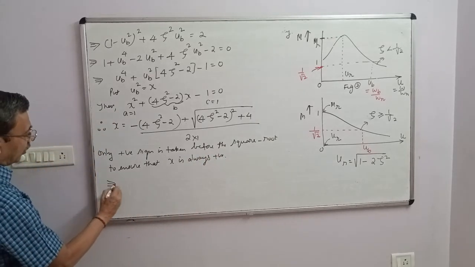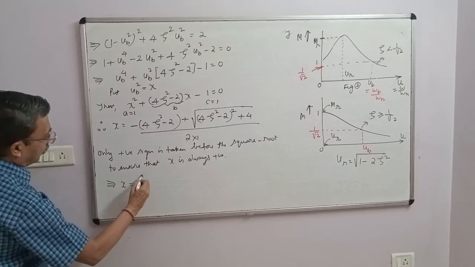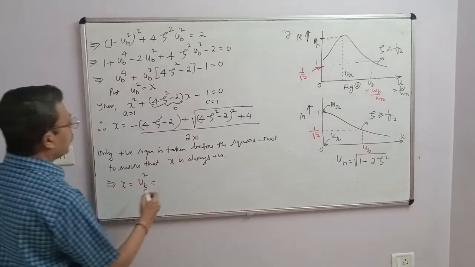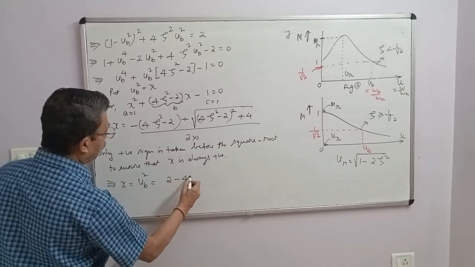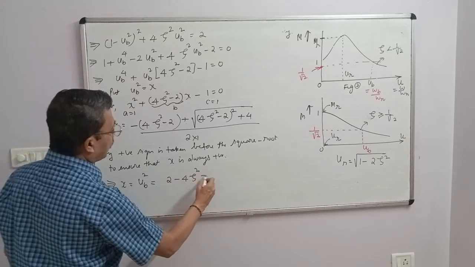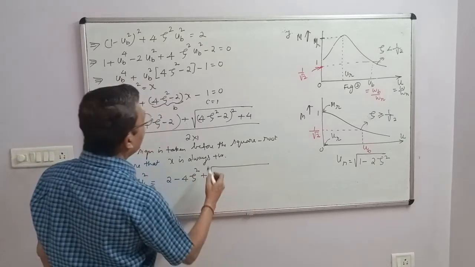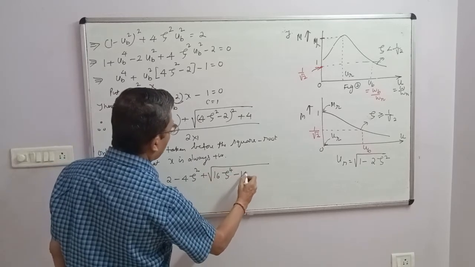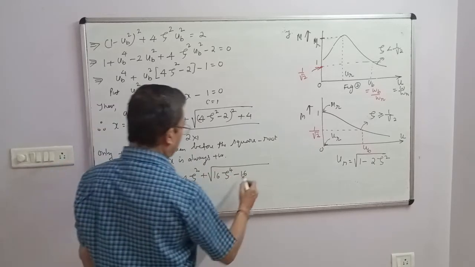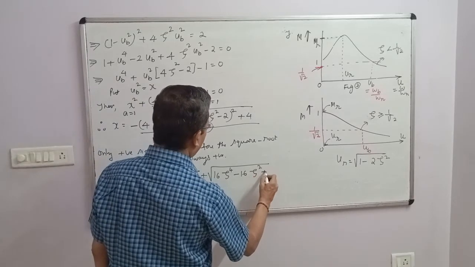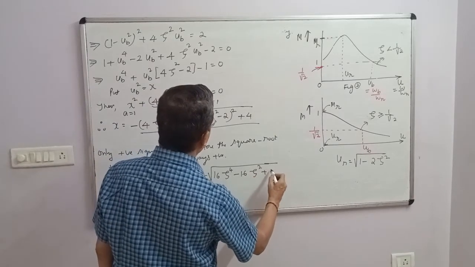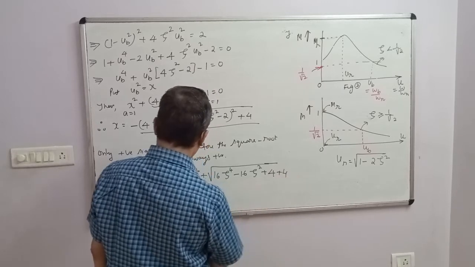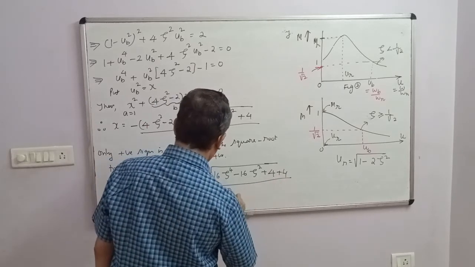So x is equal to ub square is equal to 2 minus 4 zeta square plus square root of 16 zeta to the power 4 minus 16 zeta square plus 4 plus 4, divided by 2.